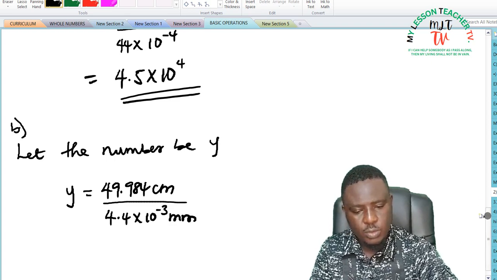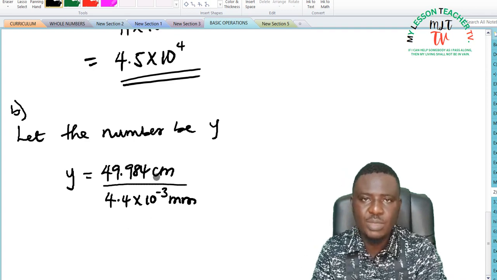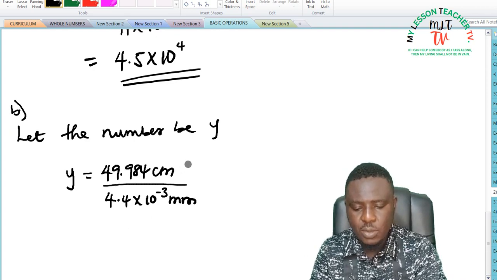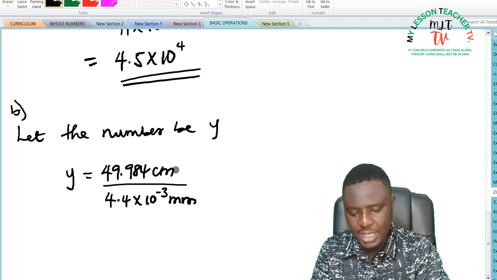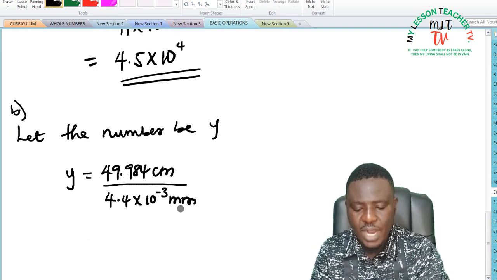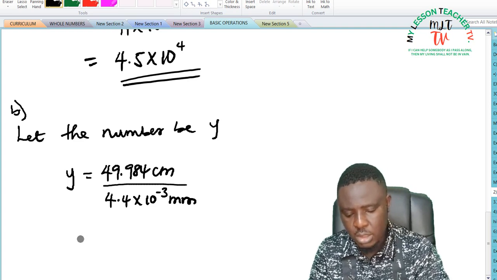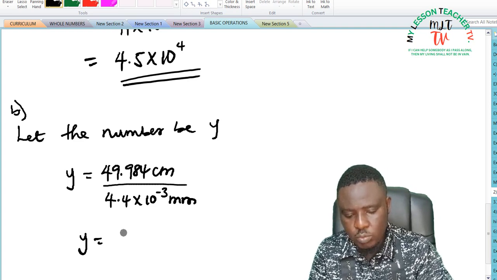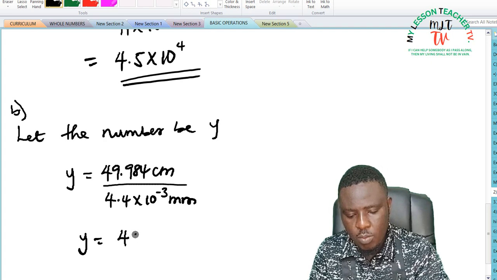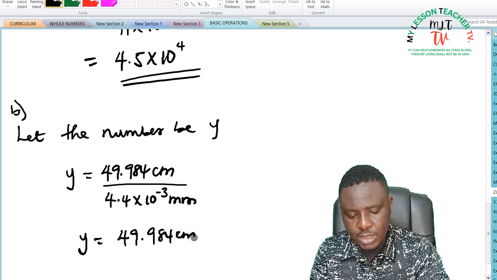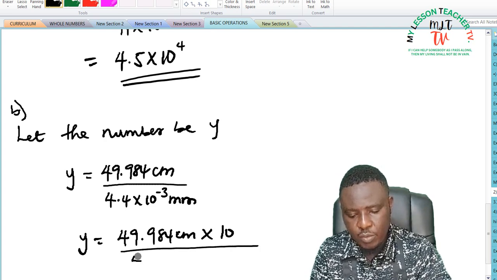We'll also convert this from centimeters to millimeters by multiplying what you have in centimeters by 10, or you divide what you have in millimeter by 10 to convert it to centimeters. So y is equal to 49.984 centimeters times 10 divided by 4.4 times 10 raised to the power of minus 3 millimeters.